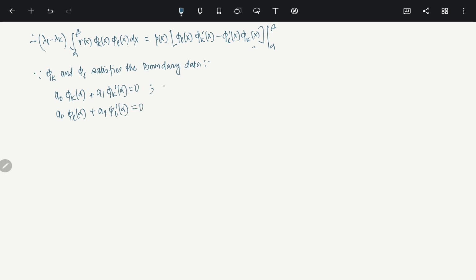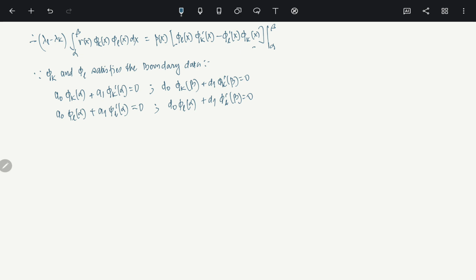And similarly, d0 times phi k at the point beta plus d1 times phi k prime at the point beta is 0. And here also a similar sort of thing: d0 times phi l at the point beta plus d1 times phi l prime at the point beta is 0. So those two conditions are satisfied.